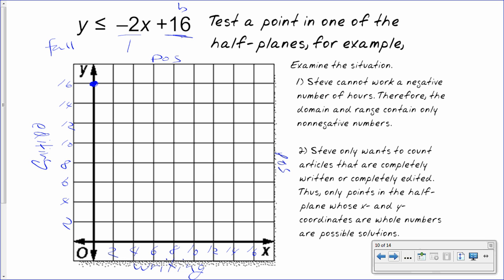So it goes 2 down, and then 1. 2 down, 1. 2 down, 1. 2 down, 1.